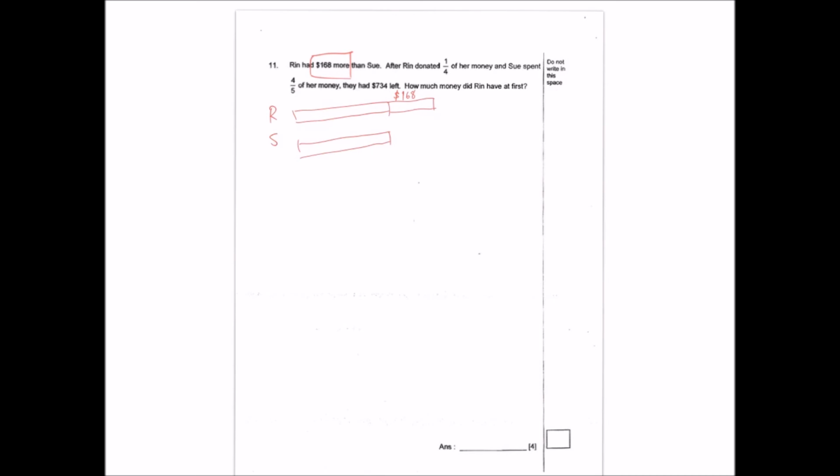After Rin donated 1/4 of her money and Sue spent 4/5 of her money, here we have a problem. We are going to cut 1 unit of Sue's into 5 pieces, and 4 pieces will be spent. Later on, we also have to cut Rin's 1 unit into 4 units.